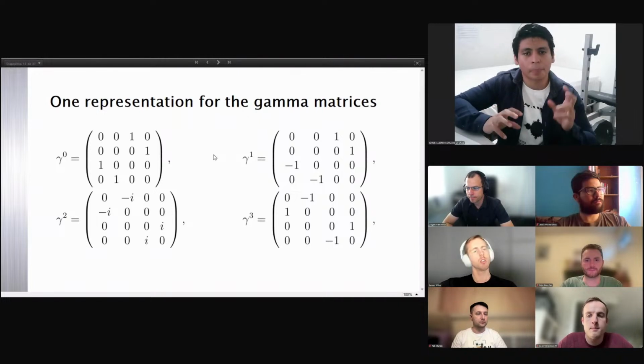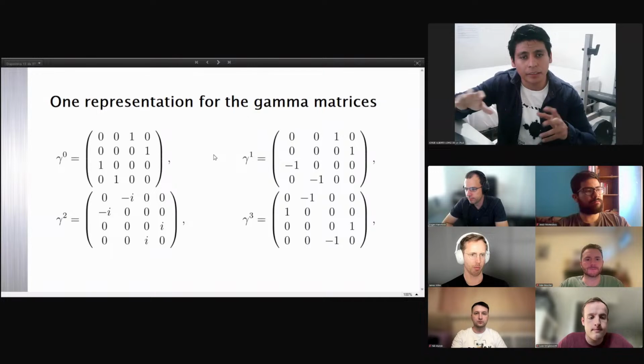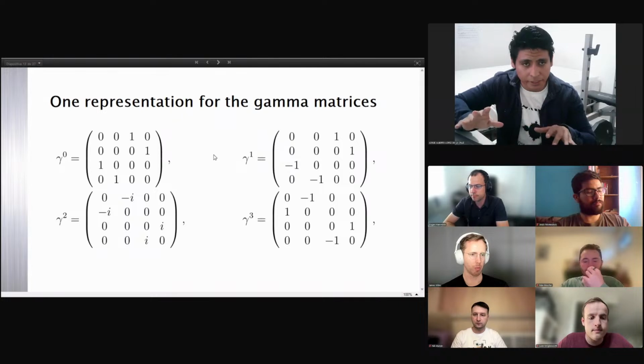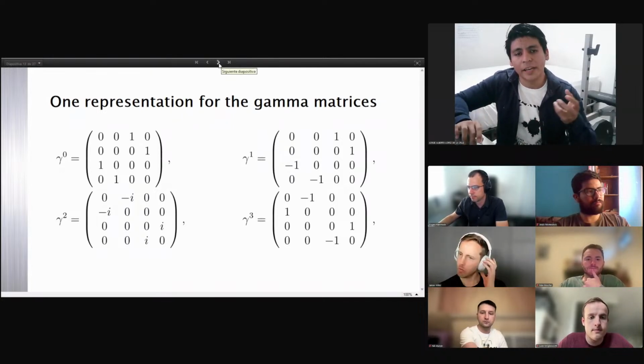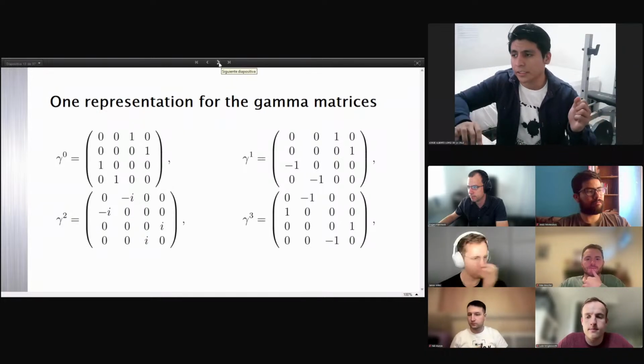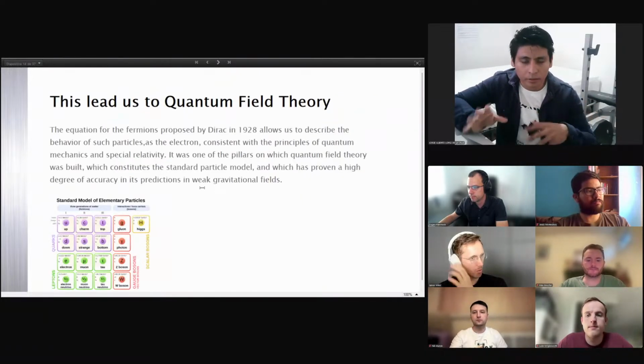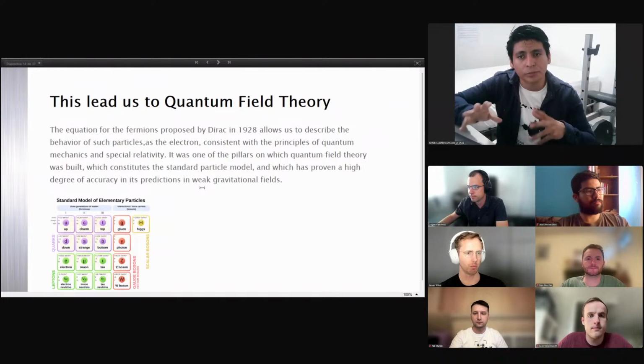Let's summarize. We get a relativistic equation, a quantum relativistic equation that satisfies the principles of special relativity. There is no gravity yet, all right? If we combine quantum mechanics and special relativity, it leads us to quantum field theory.